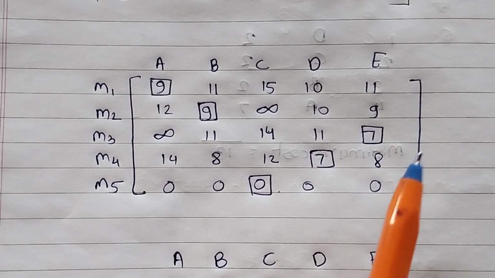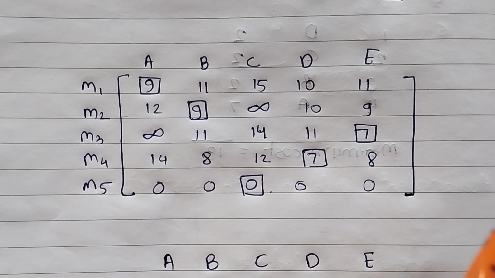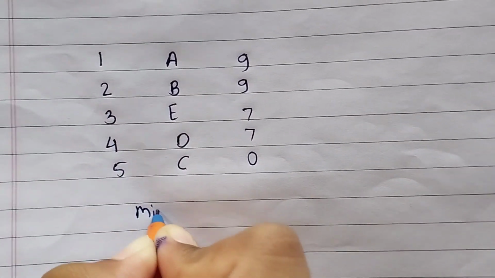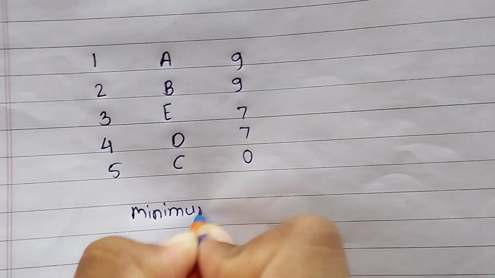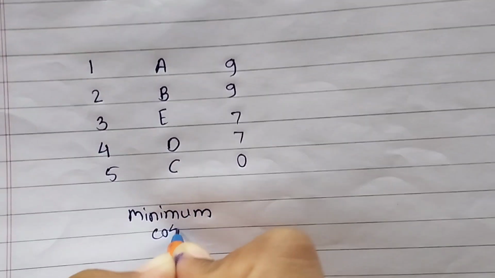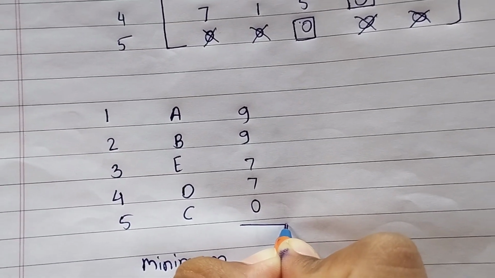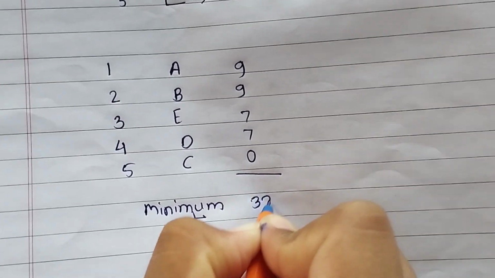These are the costs of the assignment. So the minimum cost is the summation of all these values, which is 32.